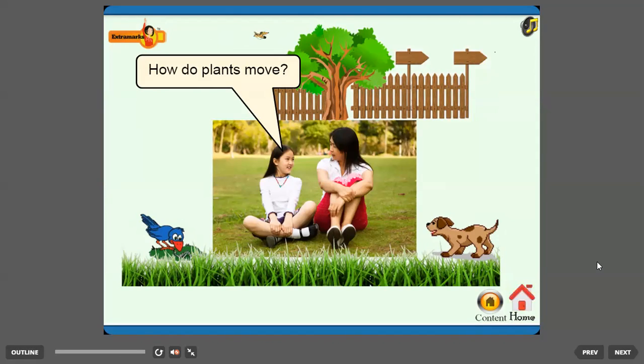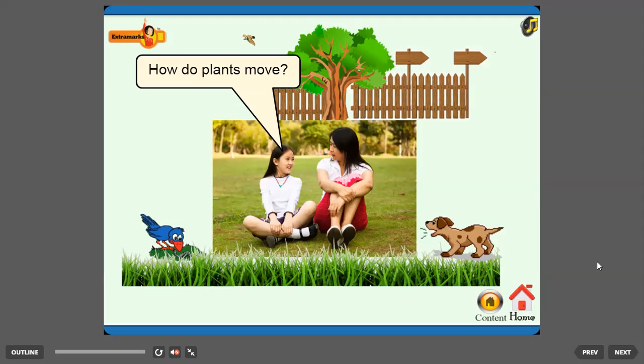Since plants do not have a nervous system, they use hormones for coordination and responses. Therefore, we can say the function of control and coordination of plants is performed by chemical substances called hormones.